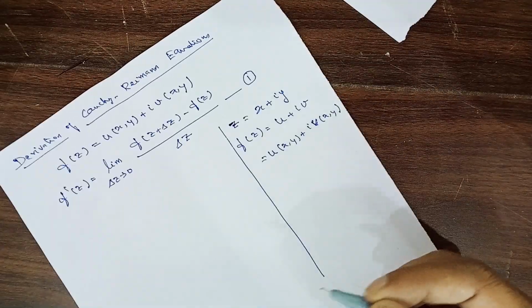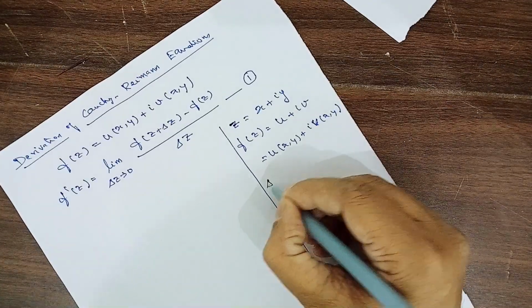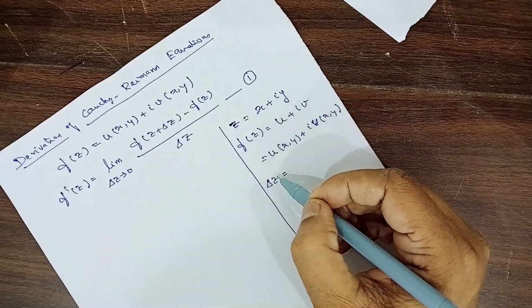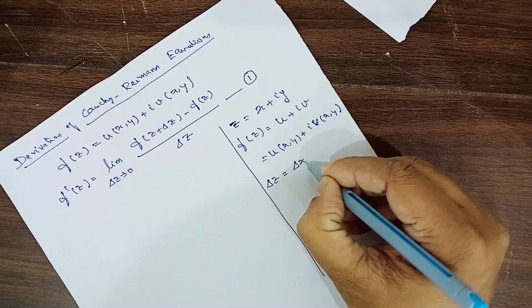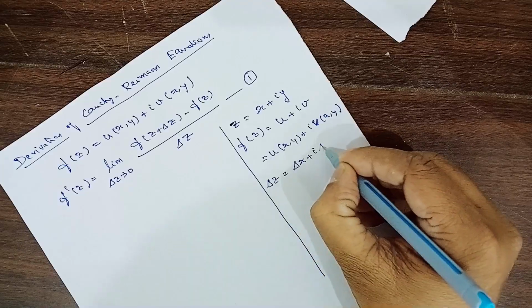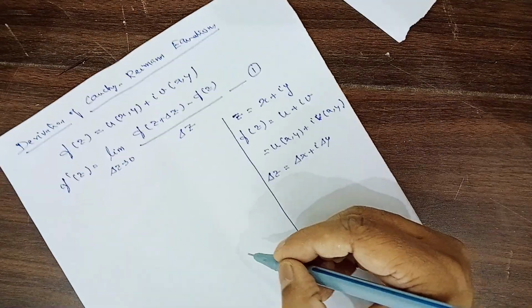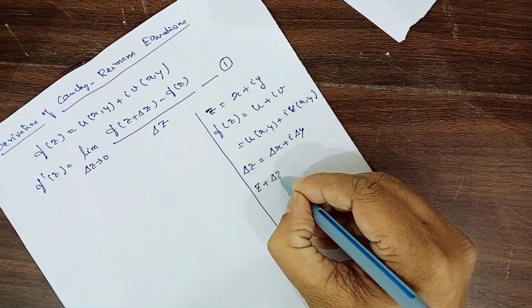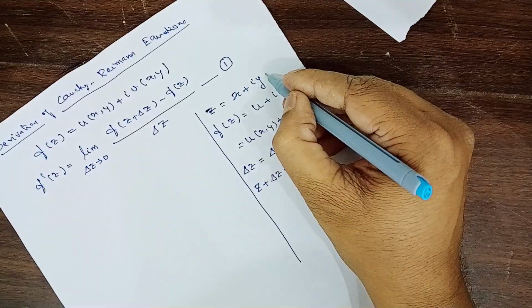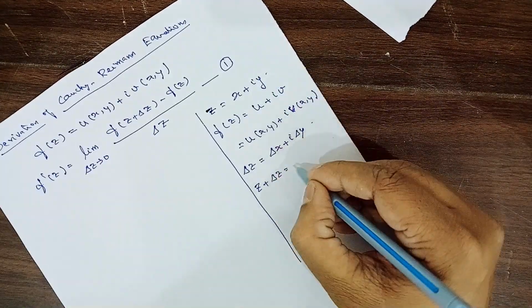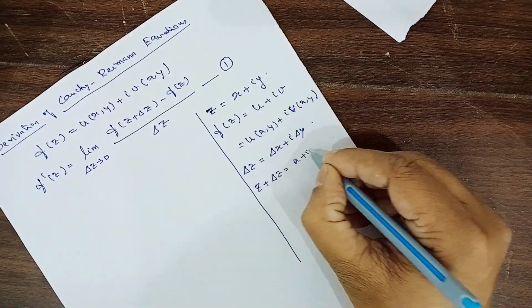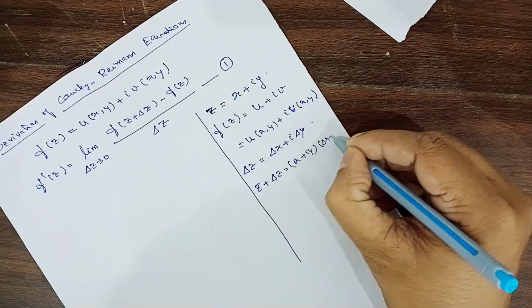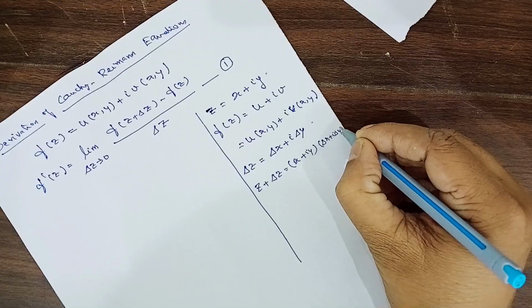Now find delta z. We know z is equal to x plus iy, so delta z is equal to delta x plus i delta y. Now z plus delta z is obtained by adding these two.